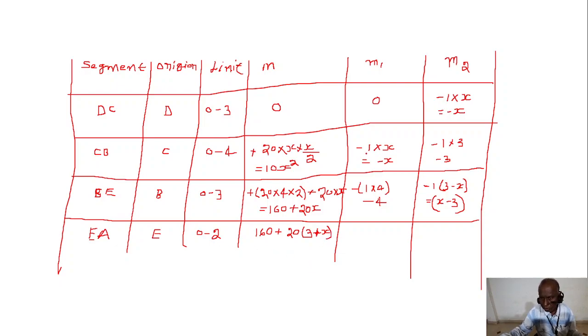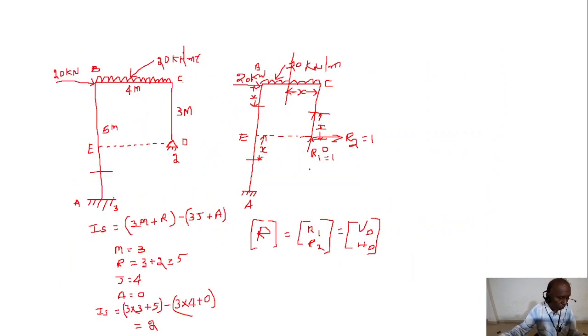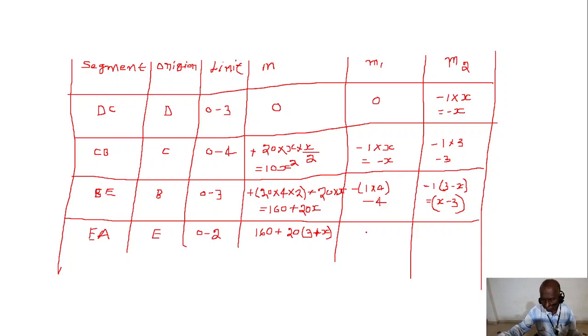Next, the moment due to R1. R1 is 1 into 4, this is also anti-clockwise direction, so same minus 1 into 4, so minus 4. Next, the moment due to R2.